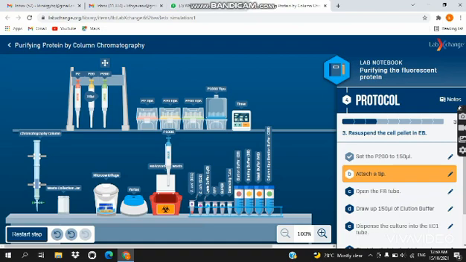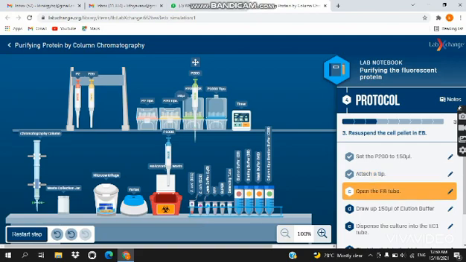Okay, and then attach the tips. Open the EB tube, which means the elution buffer.